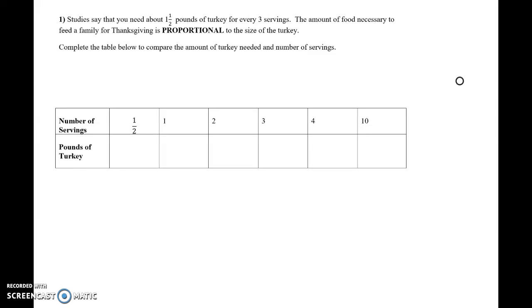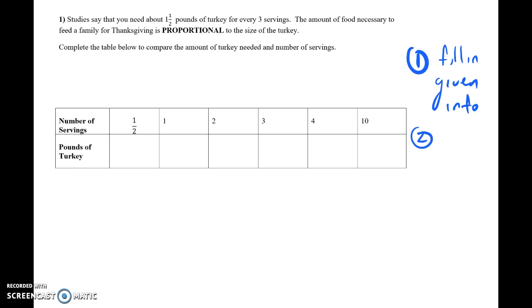Alright, so the next video is on making ratio tables. If you remember from class, the 3 steps we talked about were: 1. Fill in the given information. 2.